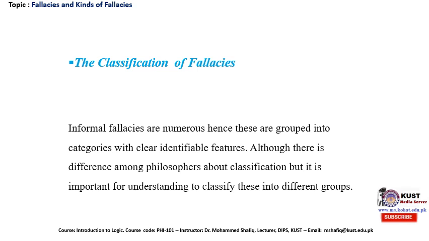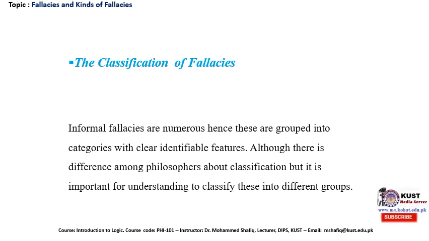Although there is a difference among philosophers about this classification, it is important for understanding to classify these into different groups. This classification of fallacies is a controversial matter in logic, as I already said, that there are differences of opinion among the philosophers and logicians about this classification.